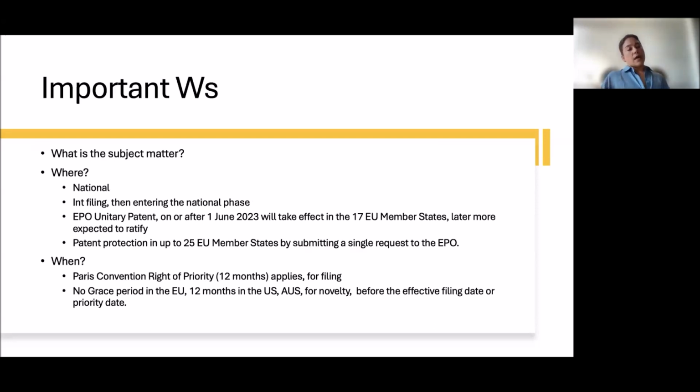And there are important W's if someone is seeking patents. What is the subject matter? It's really important here for synthetic biology inventions, because when these patent laws were crafted, we did not have that degree of molecular manipulation on the inventions. So when the patent laws were designed, it was usually for chemical components or mechanical inventions, which had relatively simpler technologies and less risky consequences for the public.